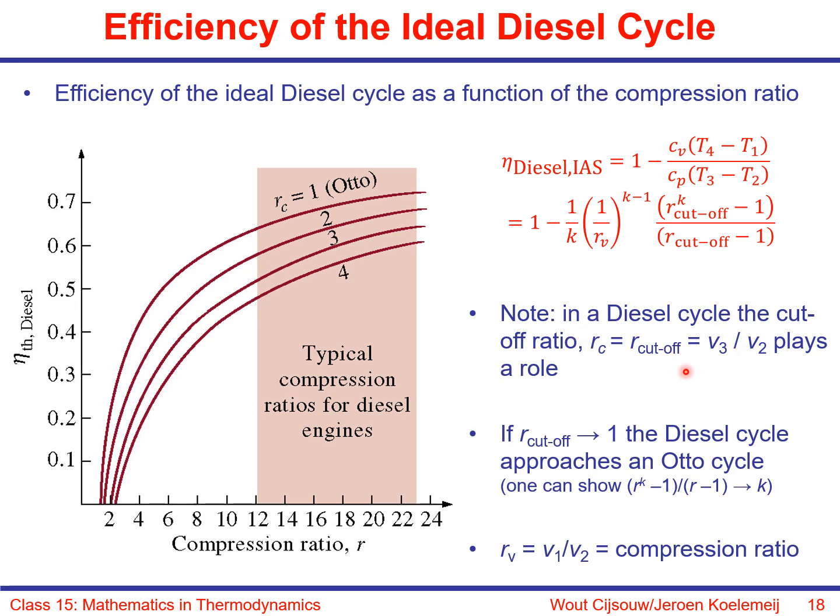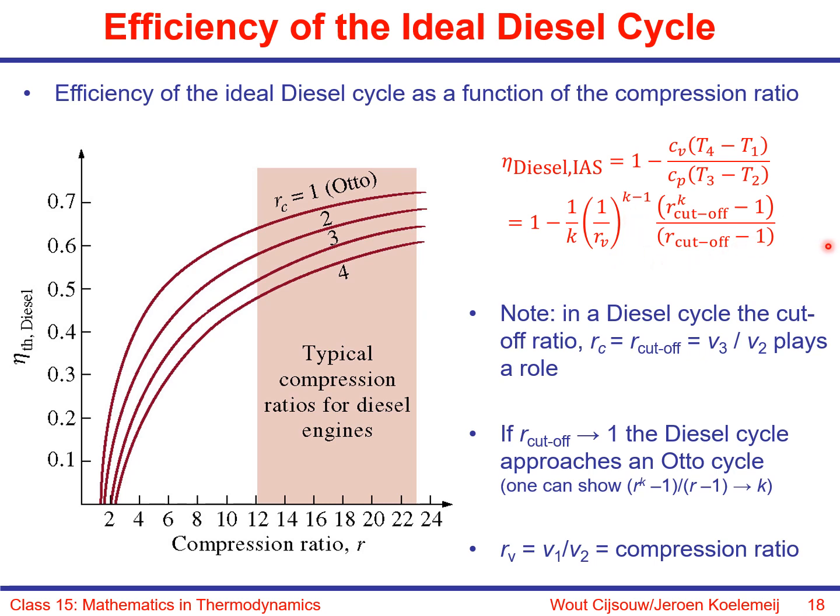Actually, I wanted to show also the expression for the Otto cycle here. The Otto cycle efficiency is basically this term here, the stuff between parentheses to the power k minus 1. This fraction is not part of the Otto efficiency, and also this 1 over k is not part of it. So you have 1 minus 1 over Rv to the power k minus 1. So how does that work?